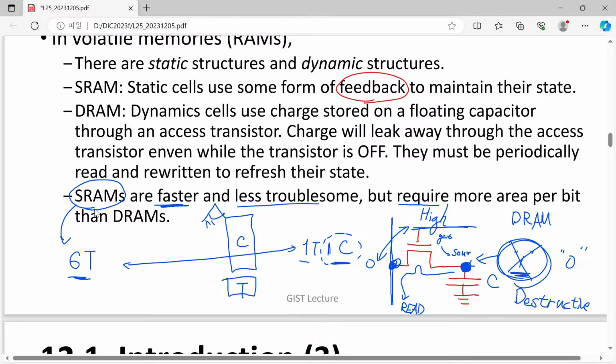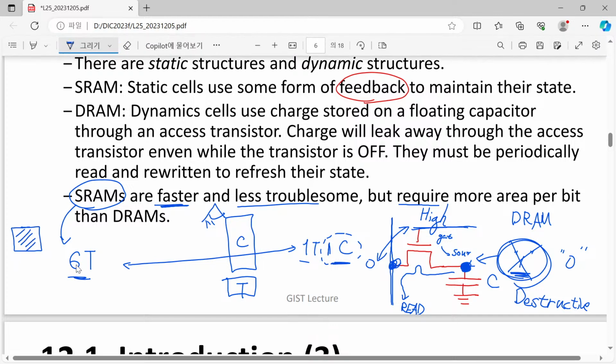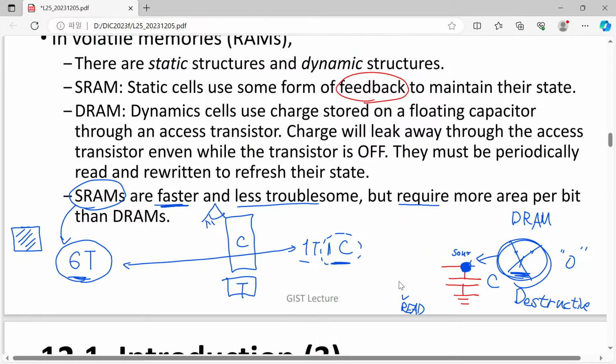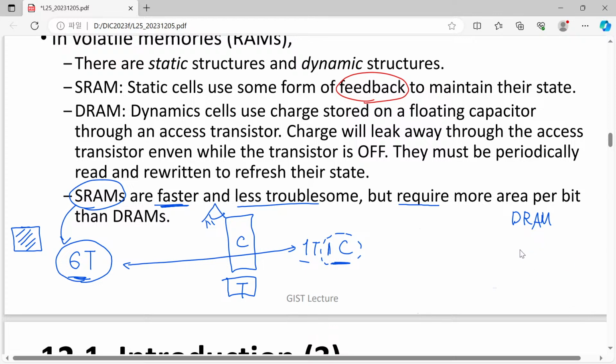Since we are now talking about the area consumed by one bit, DRAM is much more area efficient than SRAM. So that's the reason why we are using DRAM for higher and higher memory capacity. Okay, do you have any question up to now? If you have any question, then please let me know.